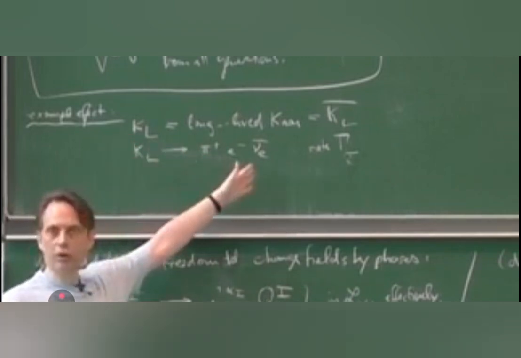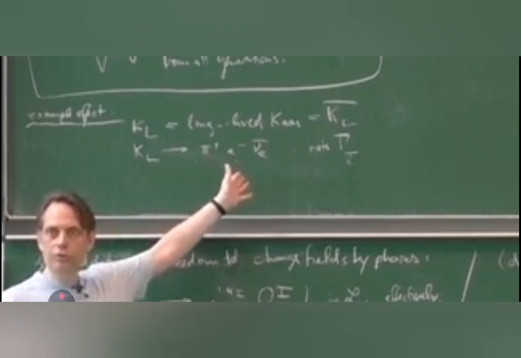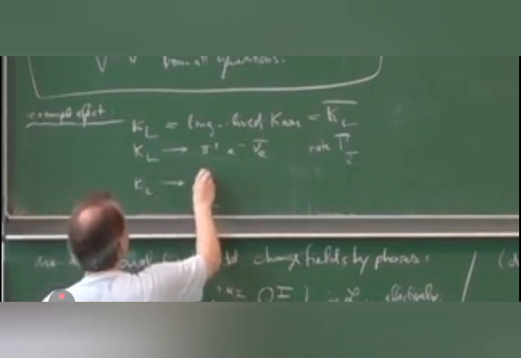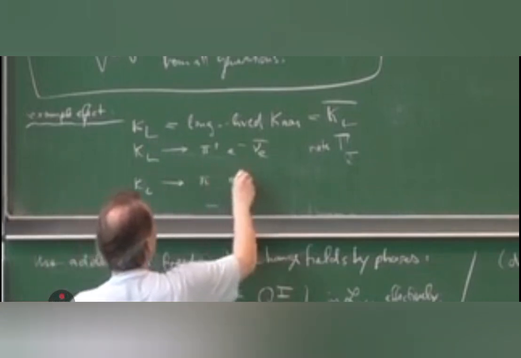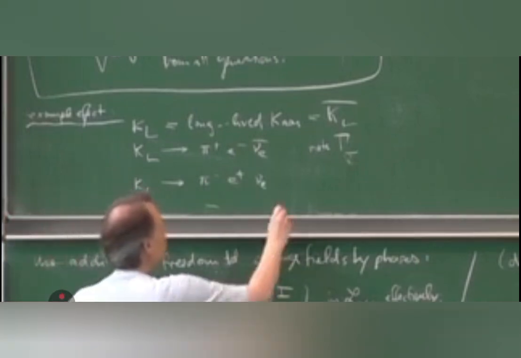And so since this is equal to its own antiparticle, it can also decay into the corresponding final state with antiparticles instead of particles. So there is also the decay K long going into pi minus, e plus, and a neutrino. And that would have the rate gamma plus.